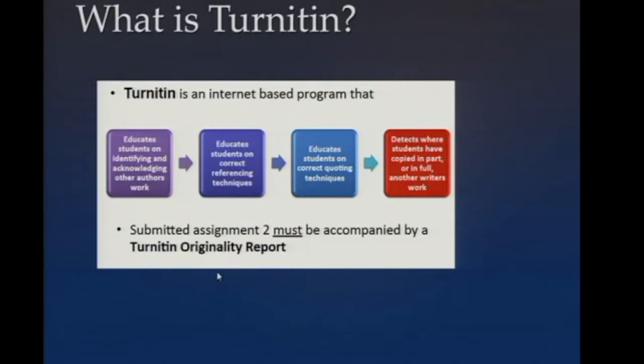The idea is to help you see whether you're identifying and acknowledging the work of others, and to help you reference correctly, because the sooner you get your head around it, the easier you will find your life at university. It also helps if you have this fantastic direct quote that you must put in your assignment, because it gives you exactly the right way of doing it.